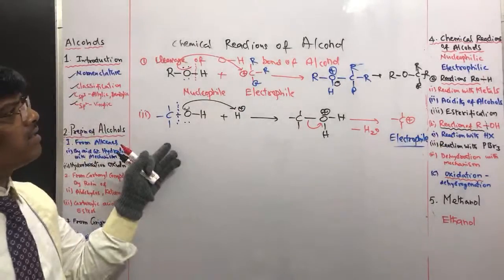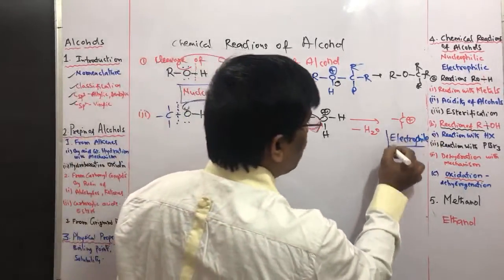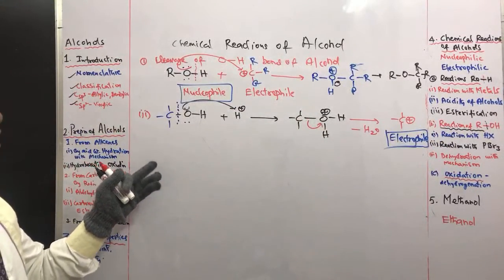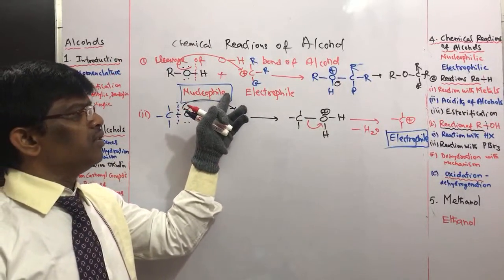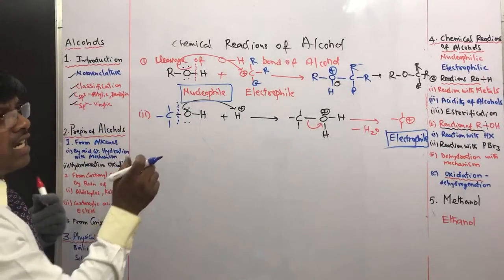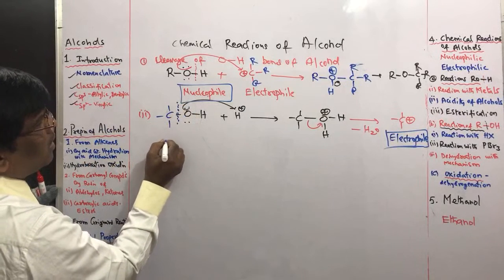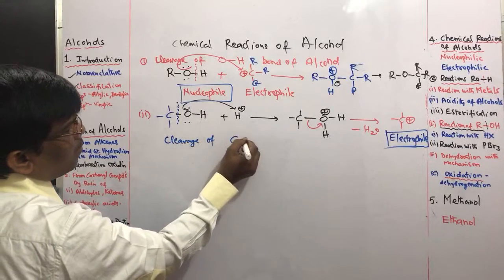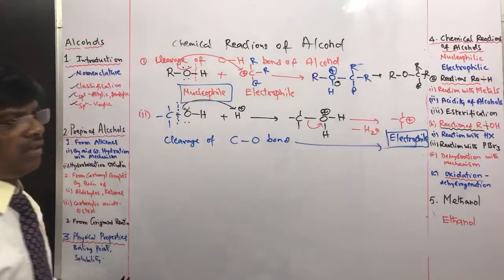So alcohols can act as nucleophile as well as electrophile in the reaction medium, depending on the different reagents or reactions conducted. This electrophile nature comes from the cleavage of the carbon-oxygen bond.